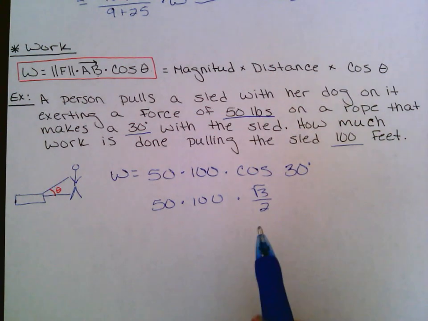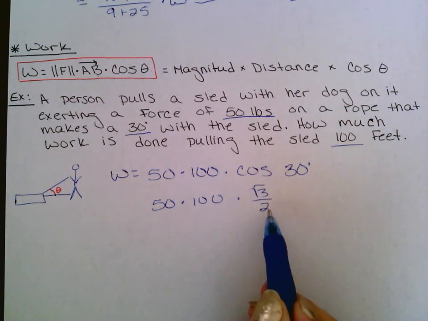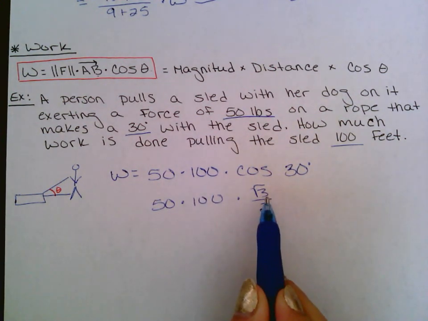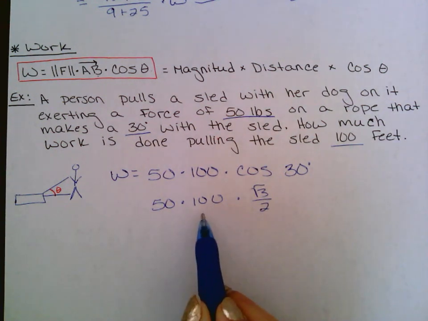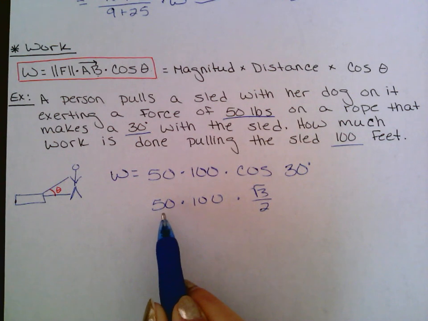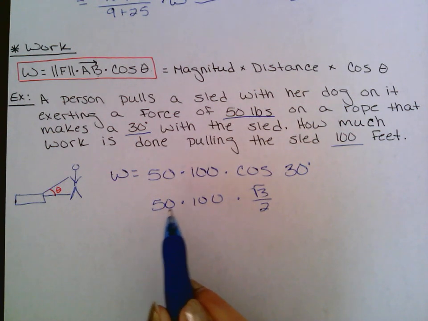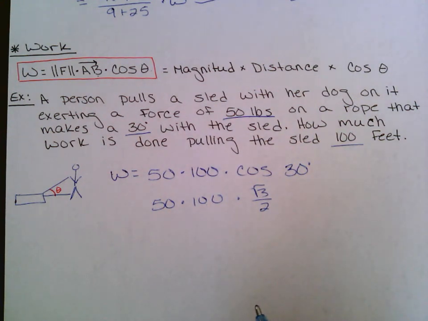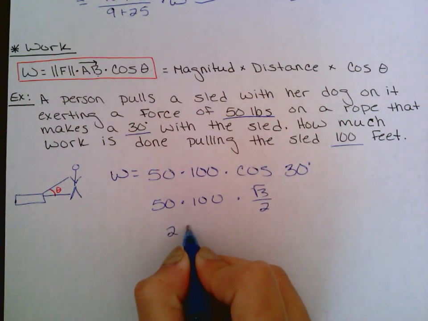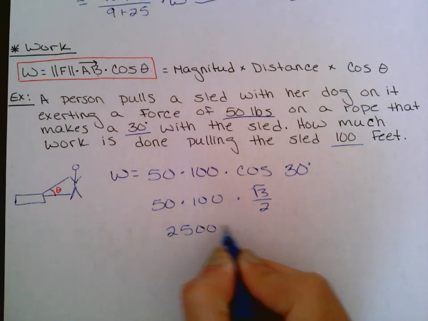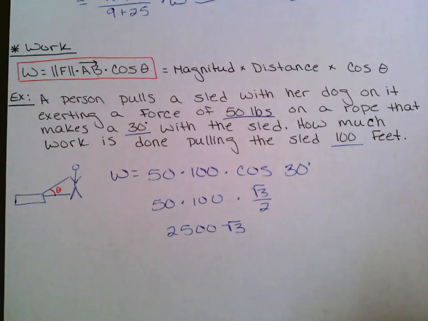Anytime I see a denominator 2, I know I'm going to cut my answer in half. So you can cut the 100 in half and say 50 times 50. You can cut the 50 in half and call it 25. 25 times 100 might be easier. Okay, so you should have 2,500 radical 3 as your final answer, okay?